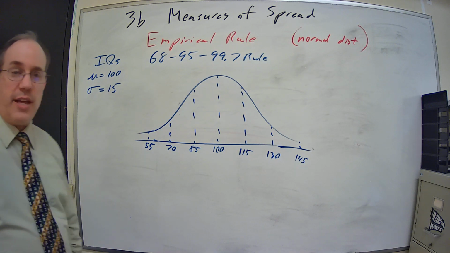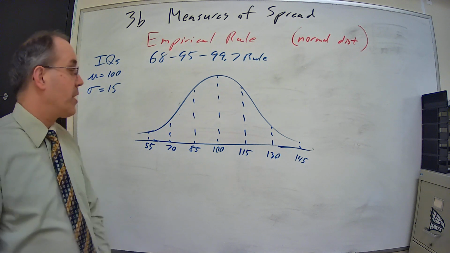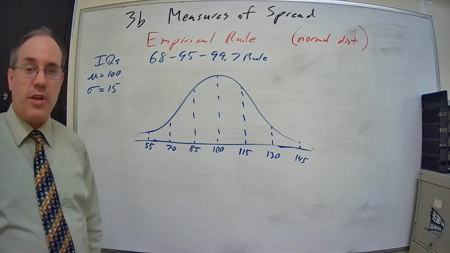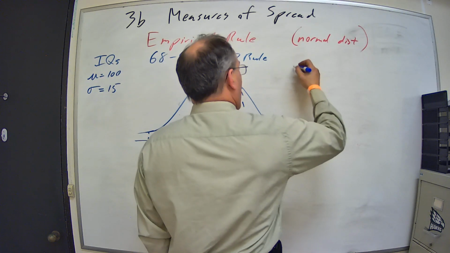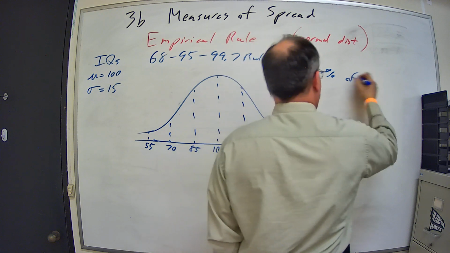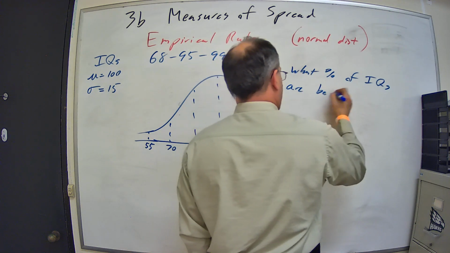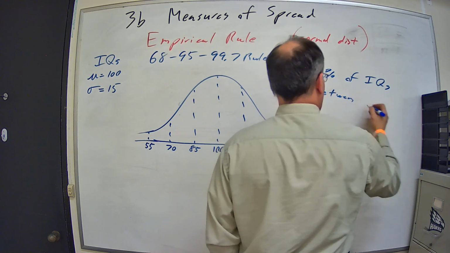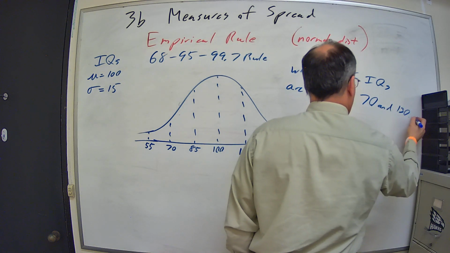Well, that's nice, that's cool, that works well. But what does it do for me? Well, now, if someone asks me the question, what percentage of IQs are between 70 and 130?